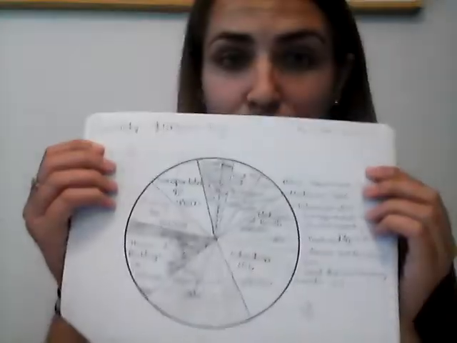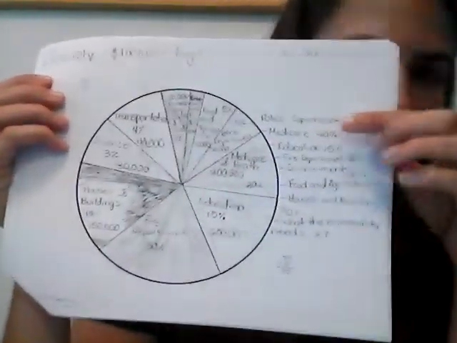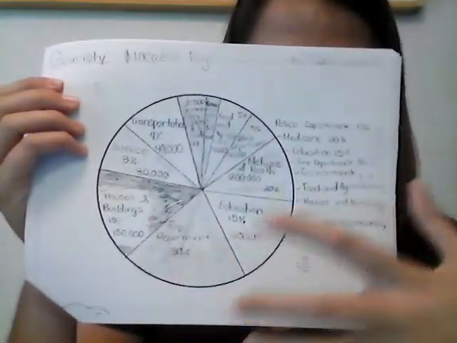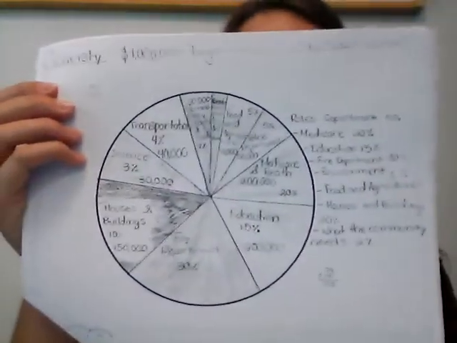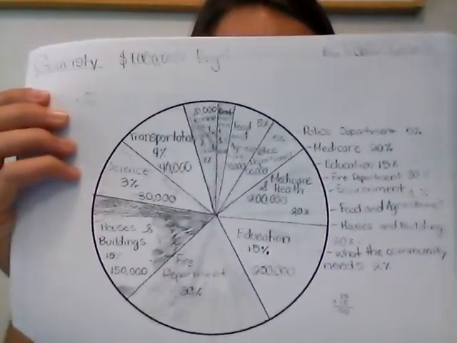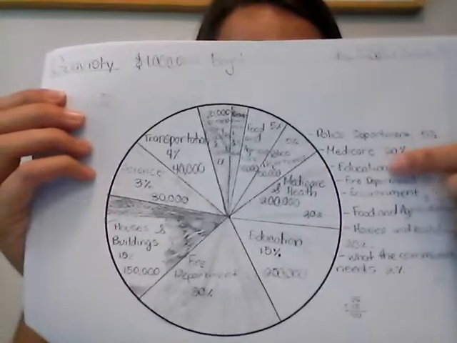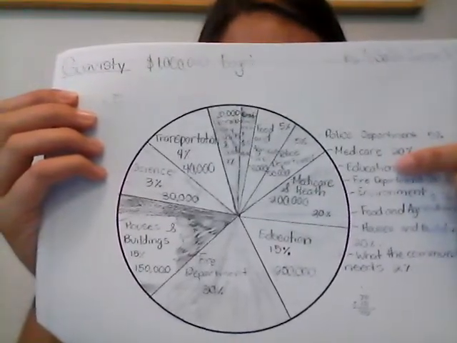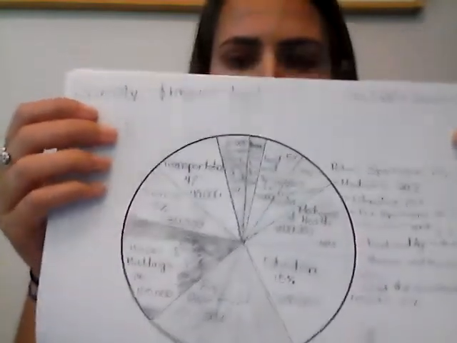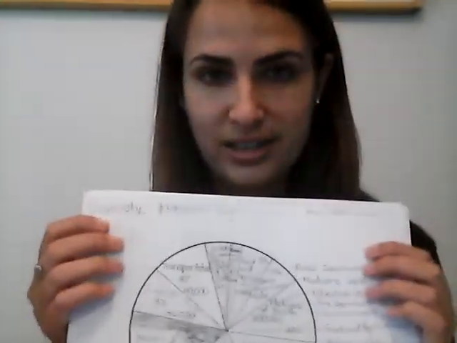So in your budget, you are to choose at least 8 programs to put into your budget. Keep in mind that because you created leadership positions with salaries, those salaries must be included in your budget. Your budget must add up to $1 million, and it must also add up to 100%.